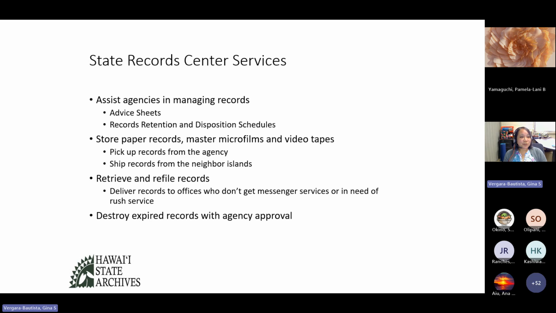We also destroy expired records after we receive approval from the owning agency. Of course, we destroy only records that are stored here at the State Record Center. We cannot take your records that have expired and destroy them for you at this time. You would need to do that yourself.